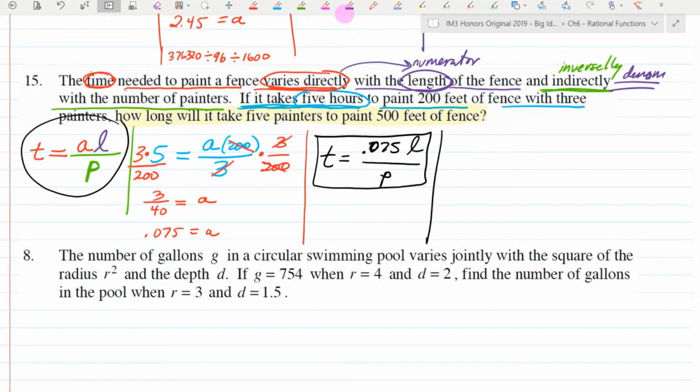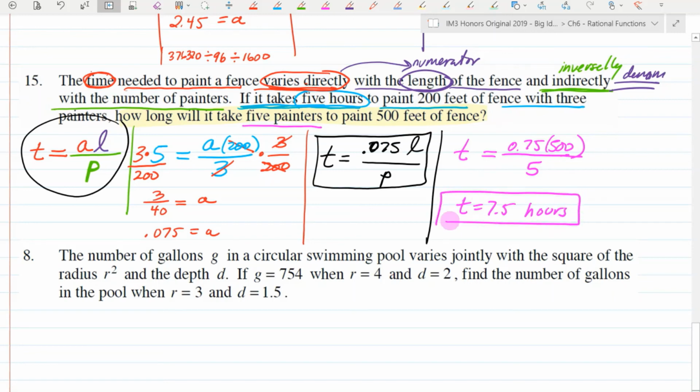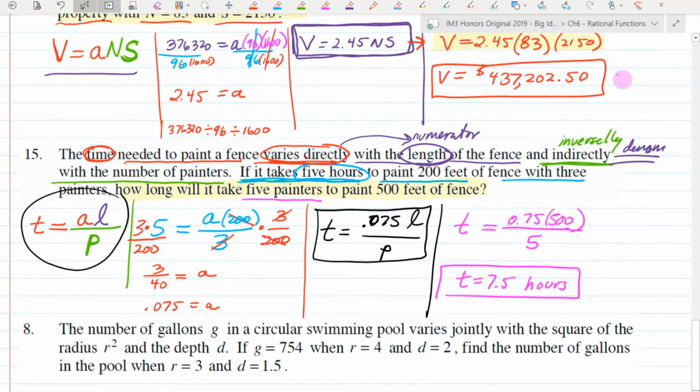So we have 5 painters, and we have 500 feet of fence, and we don't know how much time it takes. If you multiply that out, it's going to take 7.5 hours. And you need to put the right units in at the end. They're asking you how much time it will take. Here, they ask you what the cost was, so we need to put that in terms of money.